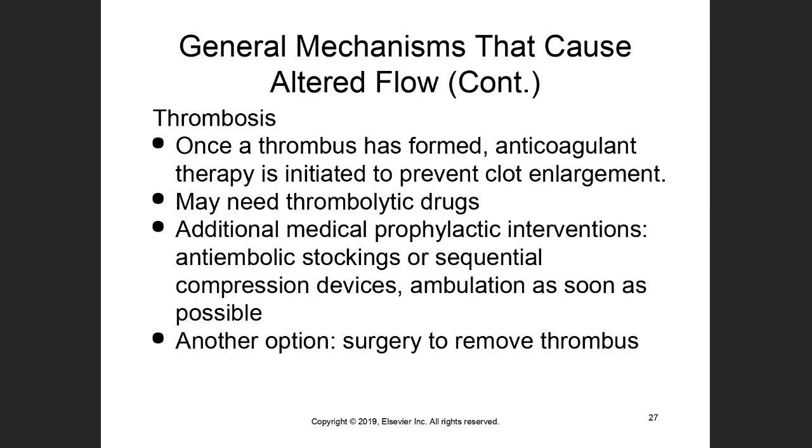Additional medical prophylactic interventions: anti-embolic stockings or sequential compression devices, and ambulation as soon as possible. That's especially after surgery. After you have surgery, you have to put the patient to walk the next day. Don't wait 3 or 4 days. You have the surgery today, tomorrow in the morning you have to start walking. The patient is going to feel pain, but they are not going to develop the pulmonary embolism.